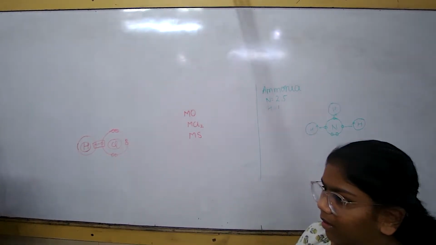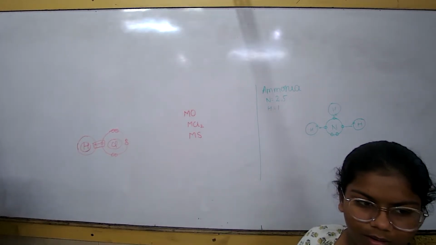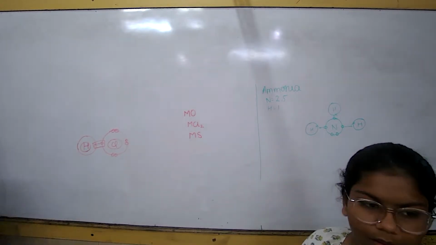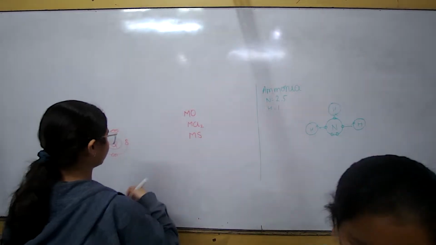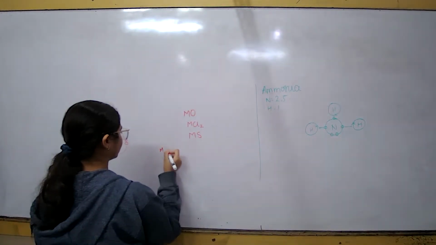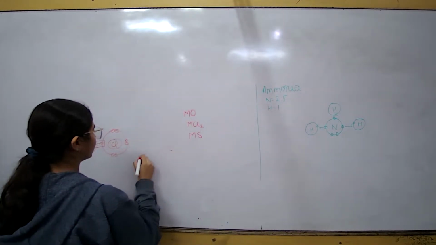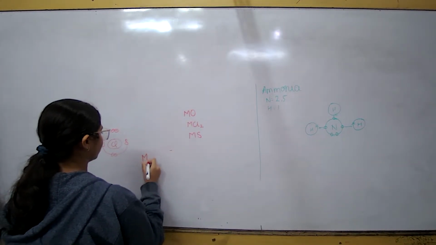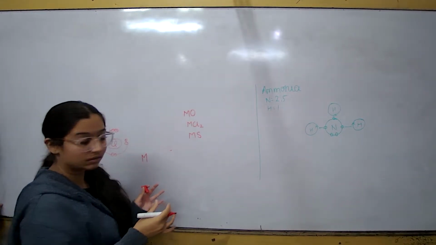M2S. Why? Okay, put it on the board. M2S. Come on, let us see why she said M2S. Write down big. Should I write M2S or should I write what you told me?